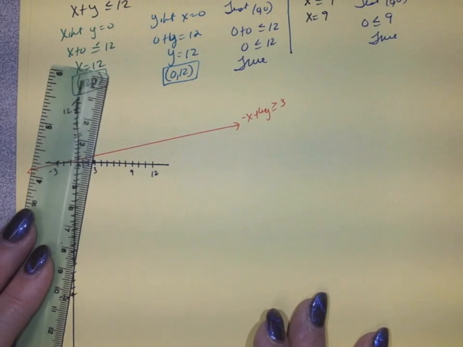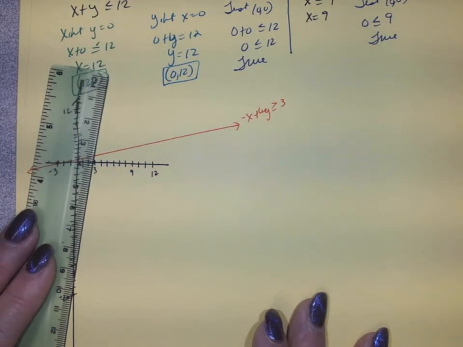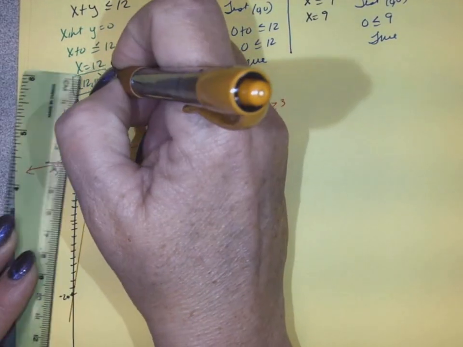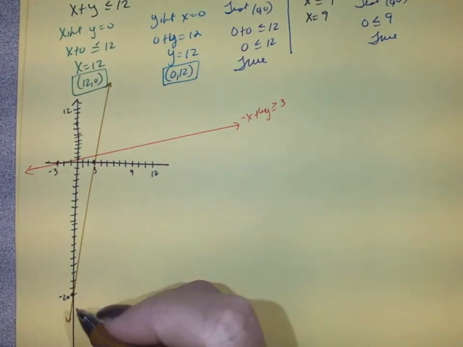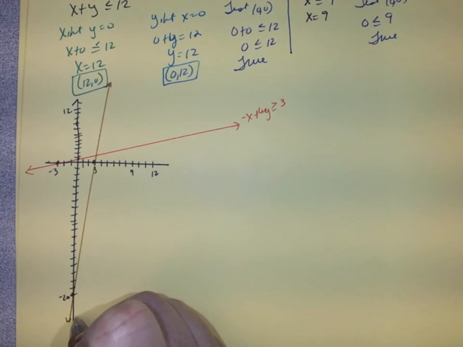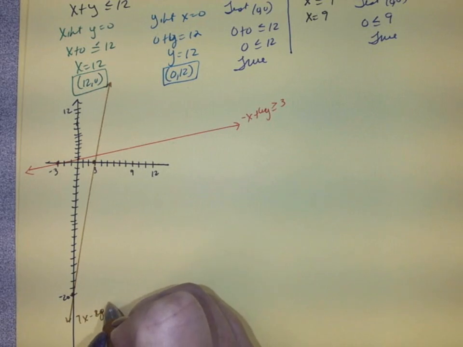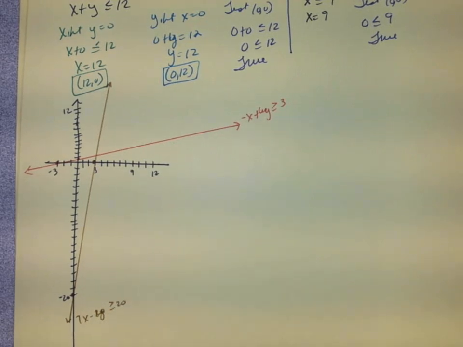But we're just going to do the best we can, because to find our corner points, we are going to use the line minus y greater than or equal to 20. We're going to solve with the system of equations. So this just gives us a graphic representation.